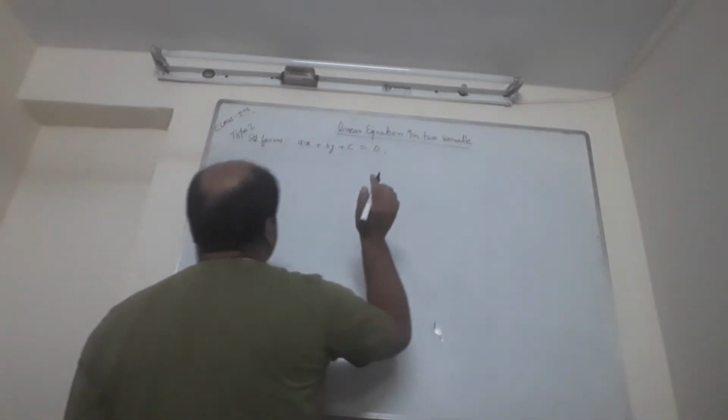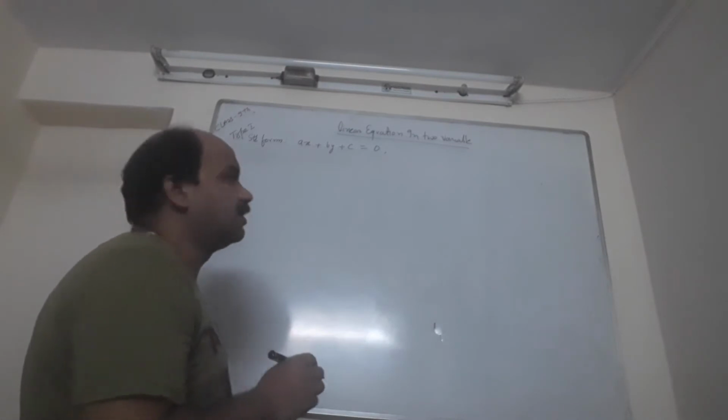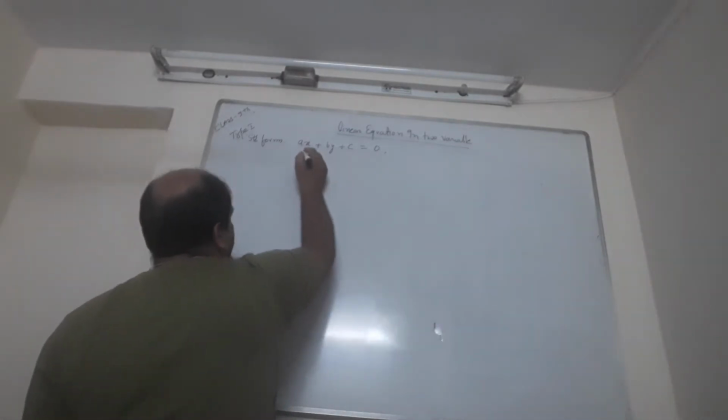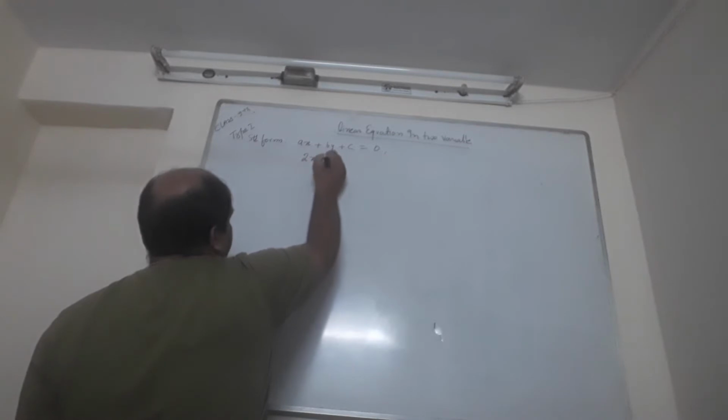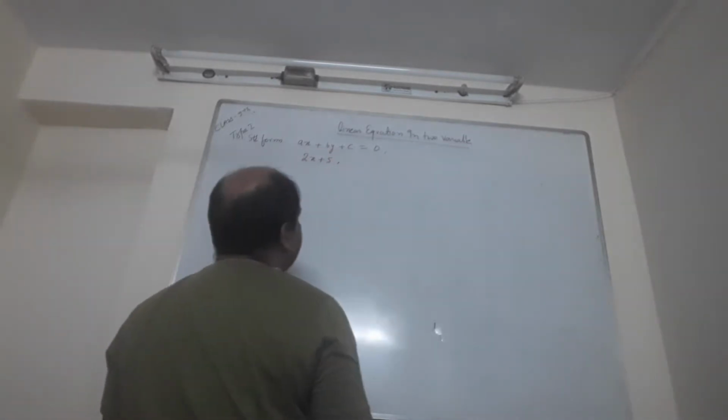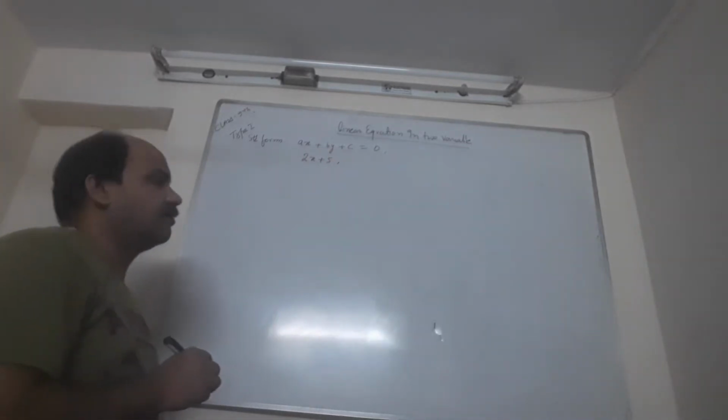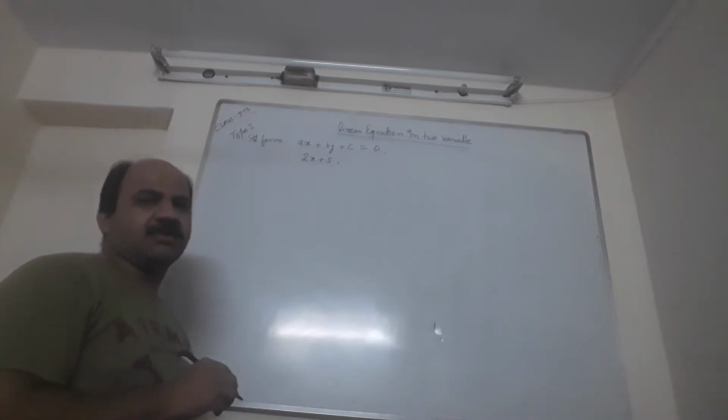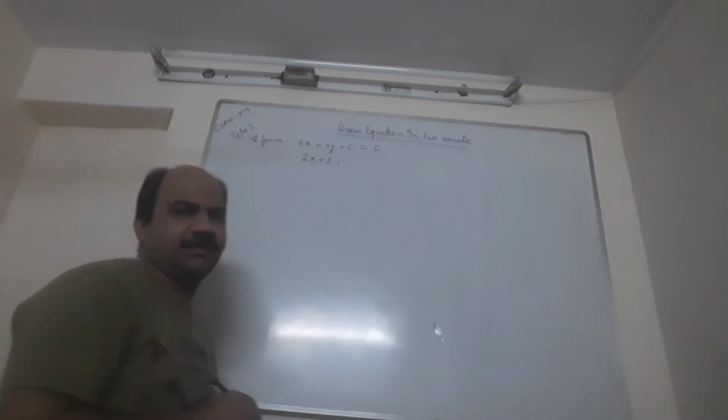So this is the standard form. The questions on the standard form can be asked like this: take an equation 2x plus 5. Write this equation in the standard form. Then also write the values of a, b and c.